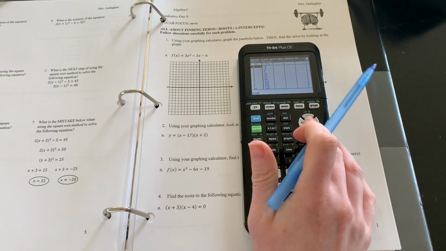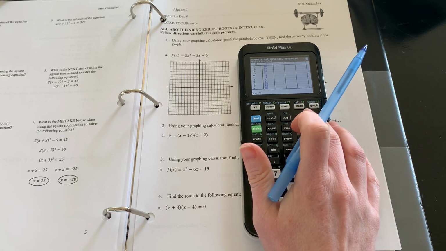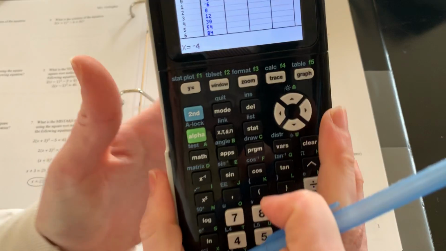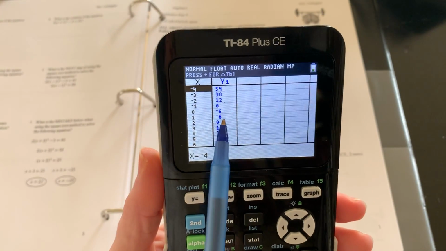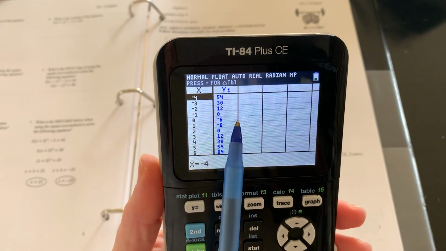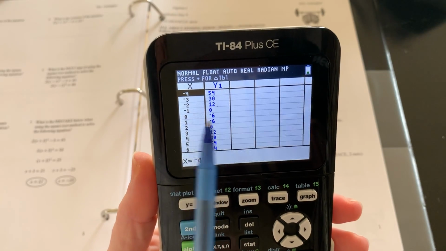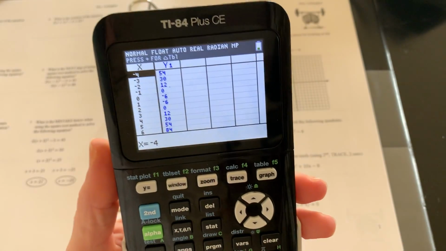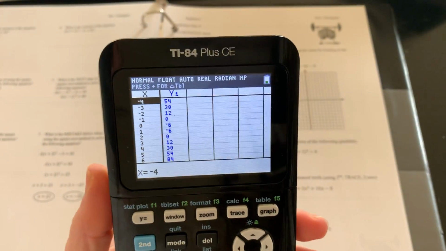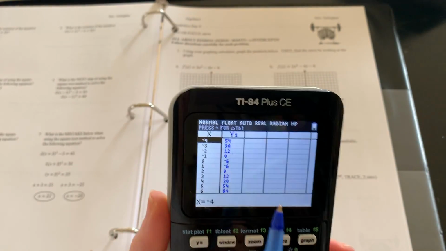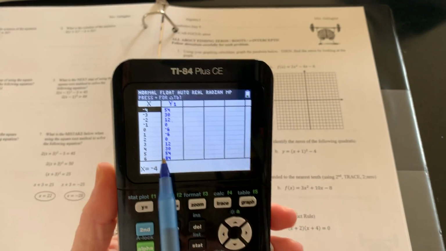Second graph, look at my table. Let's find that vertex. What's interesting about this one is that you'll see there is no middle number, but we know in a parabola that it does have the low end, so we need to be careful of that when we actually sketch it. I'll show you in a second how to also find that low point for those of you that are interested.